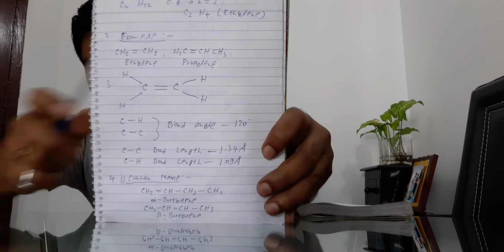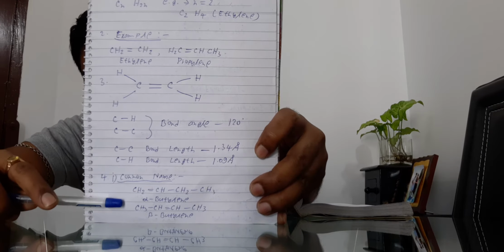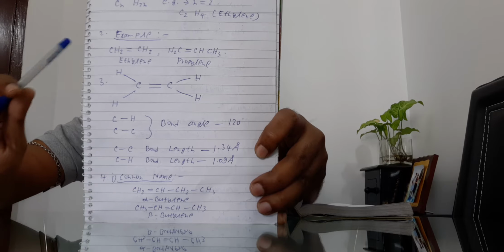Okay. Next, the nomenclature. Same as the alkane, the first one is the common system and the second one is the IUPAC system. What is the common system? See here, that is alpha butylene and beta butylene. Okay, it is the common name.